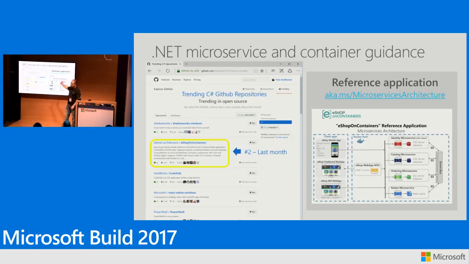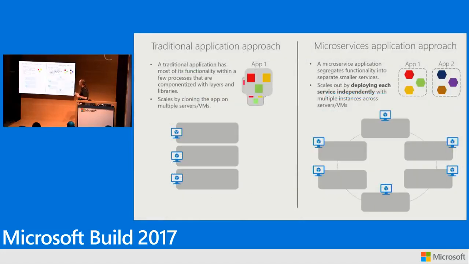I also want to highlight that this GitHub application, even while in beta, has been the second most trending GitHub site in C# for the last month across anything. It's not just about sites from Microsoft, but any C# site. So, okay, let's start.